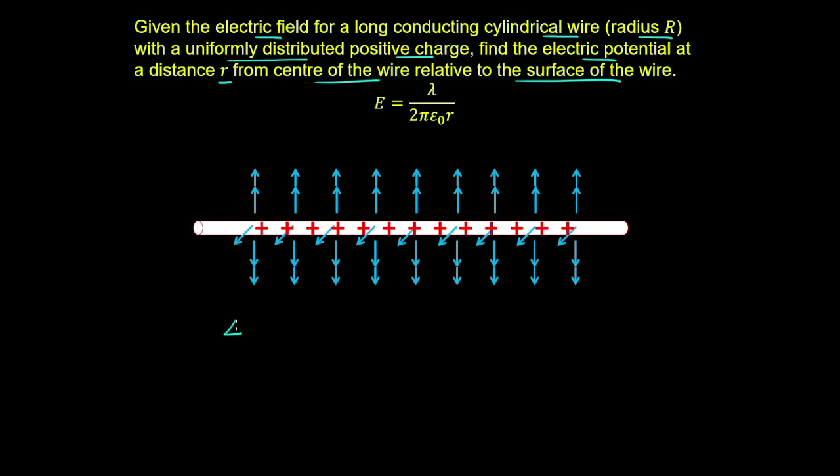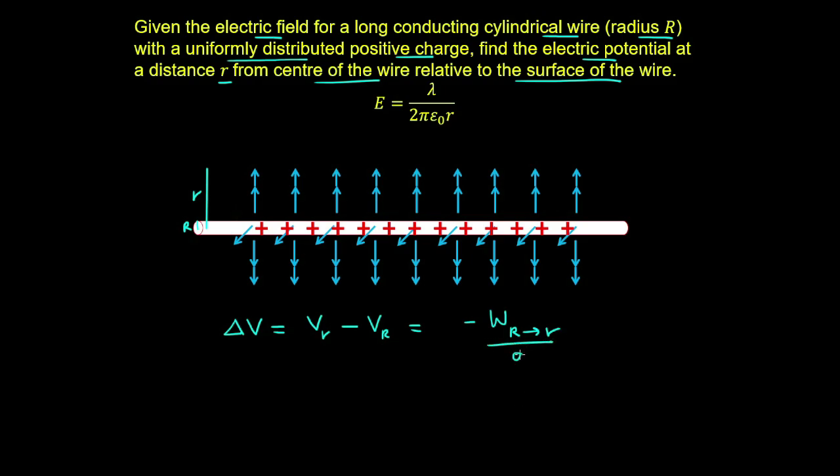So we want the change in electric potential from R, being the radius of the cylinder, to some distance r above the wire. So that will be minus the work done by the electric force as we move the charge from R to r.